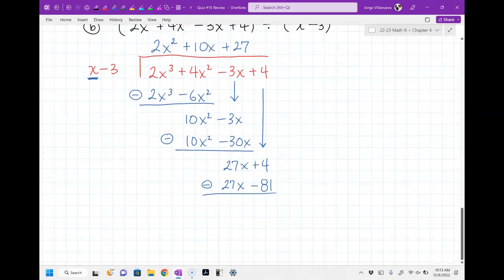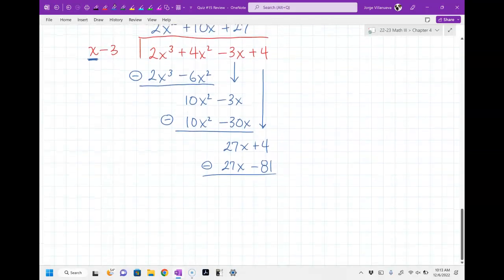Last thing, and then we're going to write our answer. 27x minus 27x is 0. 4 minus a negative 81. What is that? 4 minus a negative 81. So in other words, we're adding, right? 4 plus 81. That's 85. And we're done. So you got to write your answer.